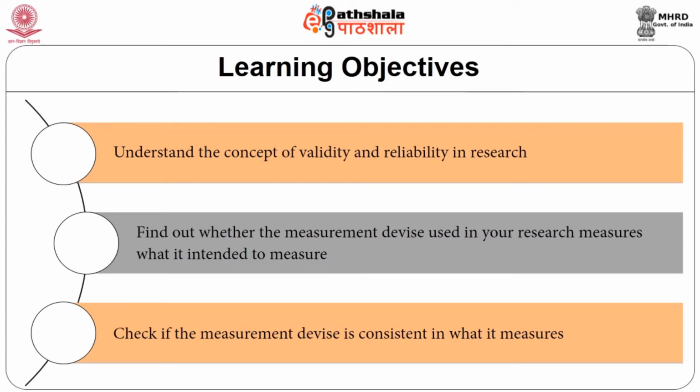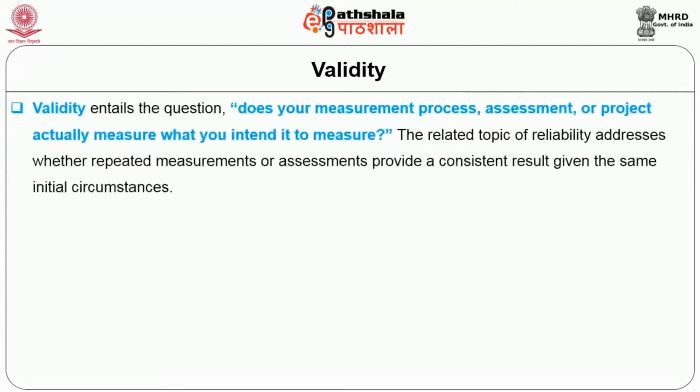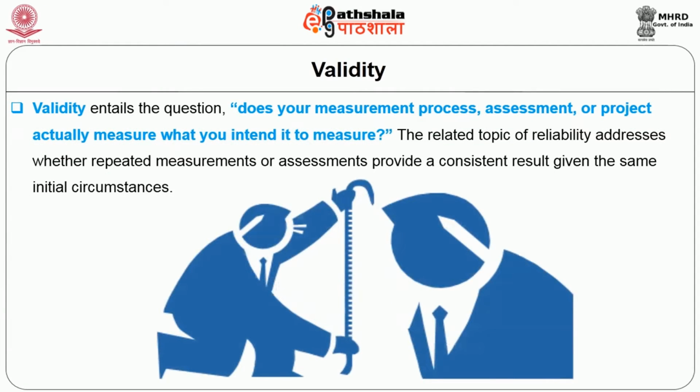The impact of the results of a research project or interpreting the findings is dependent upon these 2 concepts: validity and reliability. Validity. Essentially, validity entails the question: does your measurement process measure what you intend to measure?